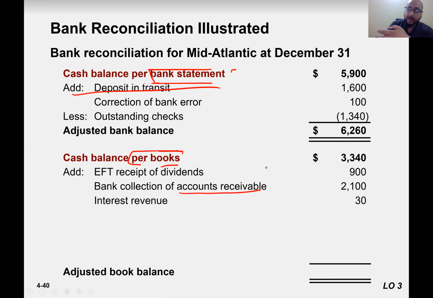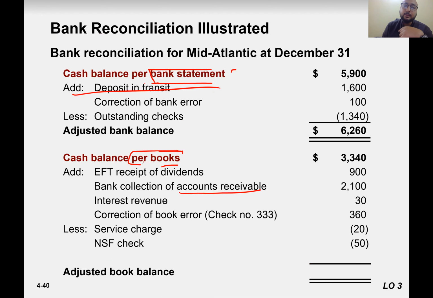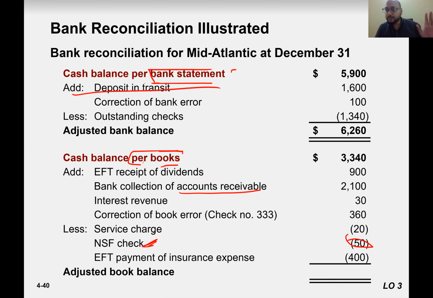So you add all the revenues that the bank received on our behalf, then the correction, right? Because you made a mistake. Less service charges and less all the payments, the NSF, which is non-sufficient funds. In our books, we increased that one. Why? Because we received the check, we increased our cash, but it bounced, so we decrease that one.